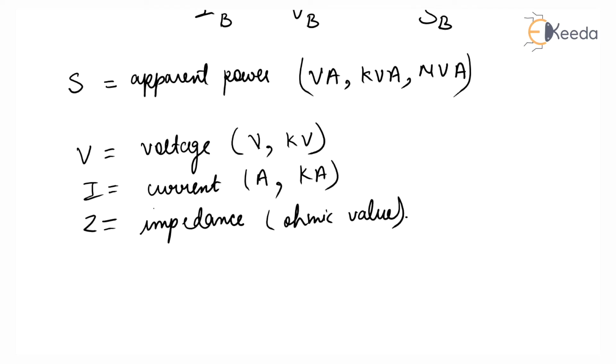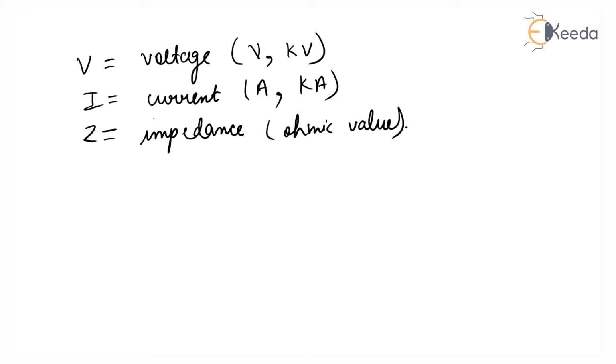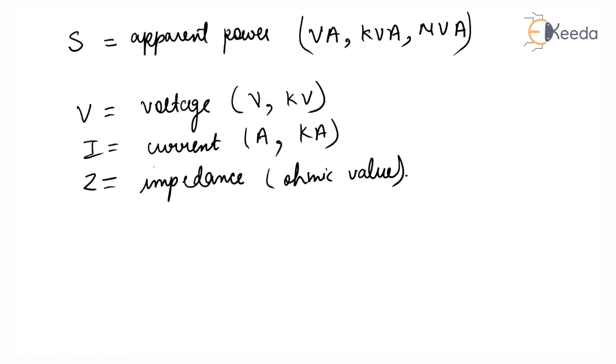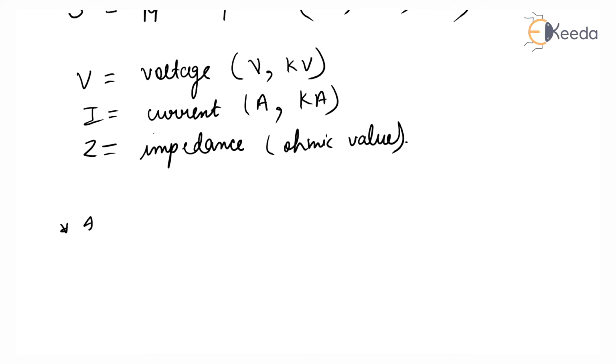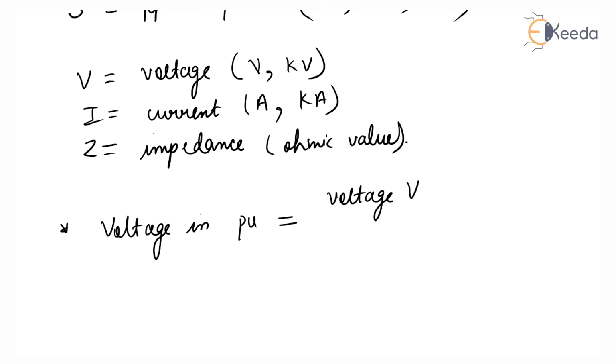So if I convert all the quantities in per unit system, then voltage in per unit is equal to actual voltage upon base voltage.